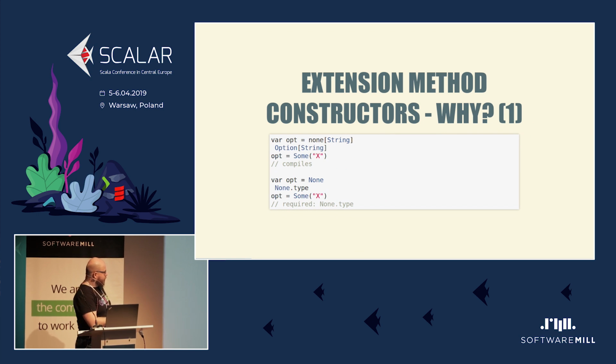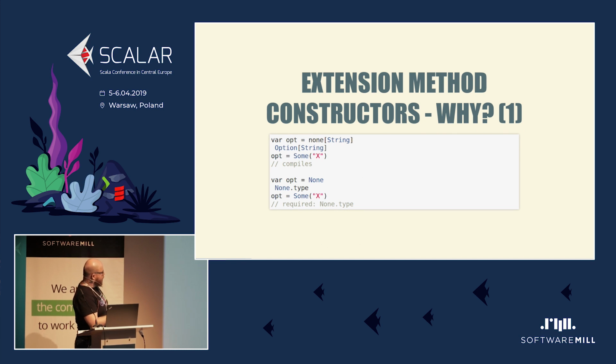And if you try to assign anything to it, it will fail because you can only assign a None. And the same thing is, of course, true for Some. If you would use Some of x here, then this var can never be None, because it will be defined as Some. And the first advantage of these extension methods is that they always widen to the type that they represent. So they always return an Option or an Either, never a Some, None, Left, Right.